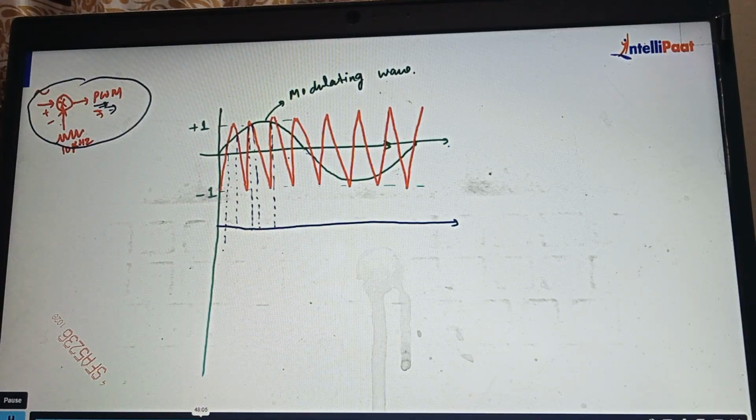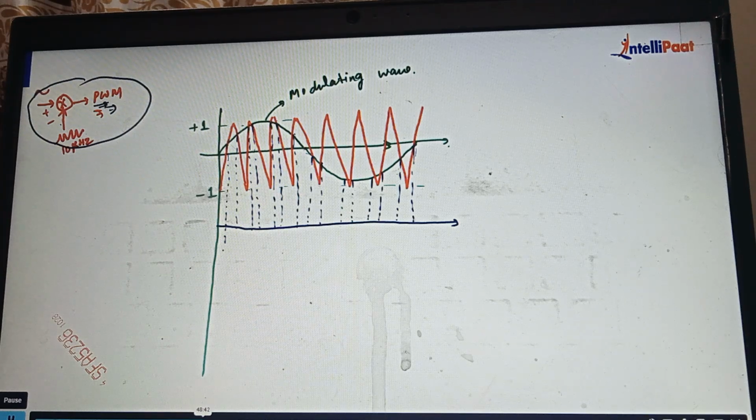This is the intersection point, this is the intersection point, and we will draw all the intersection points here.